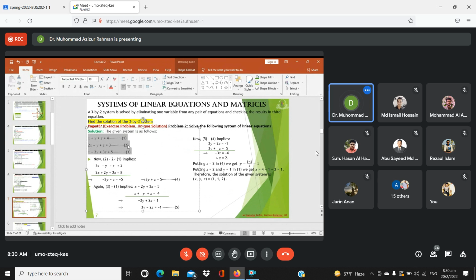This is the second equation. Third equation: x minus 2y plus 3z equals 5. This is the third equation. And we need to use the method of elimination to get the values of x, y, and z.